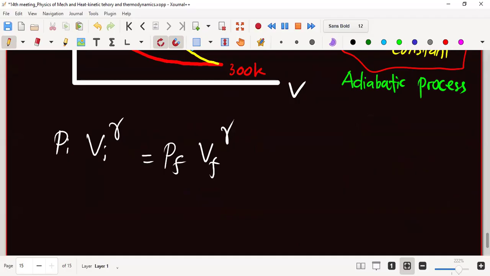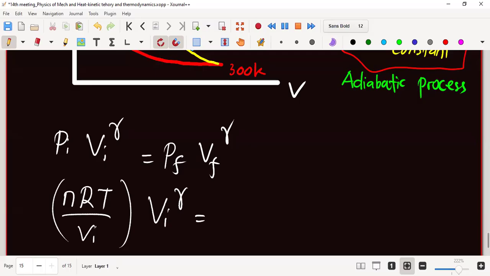This one is the adiabatic process, because P is nRT over V, so you can write nRT divided by the initial volume, V initial to the power gamma, and this one is constant.